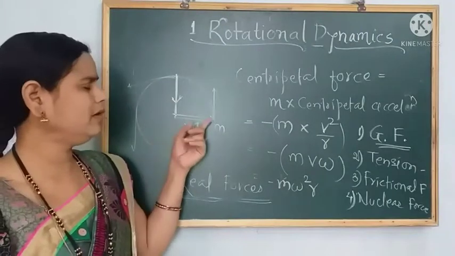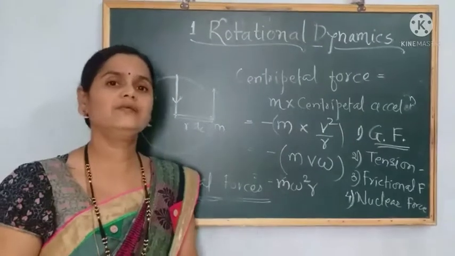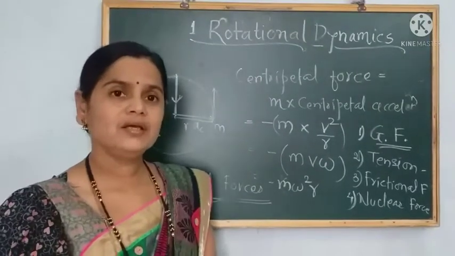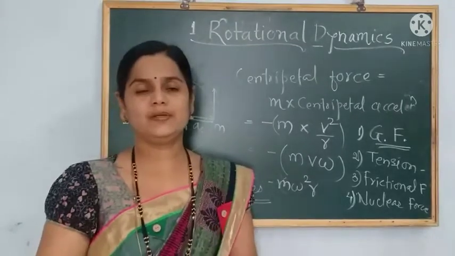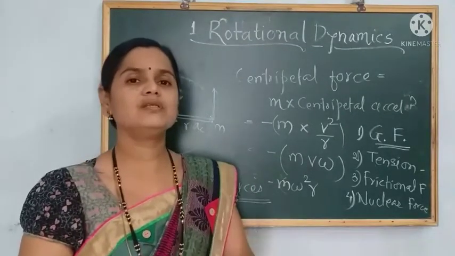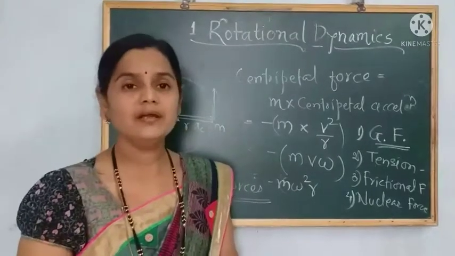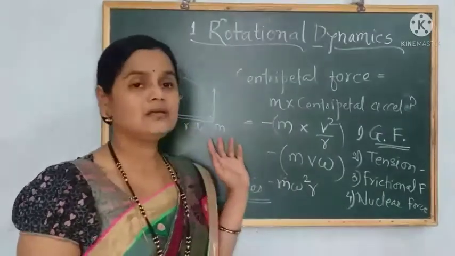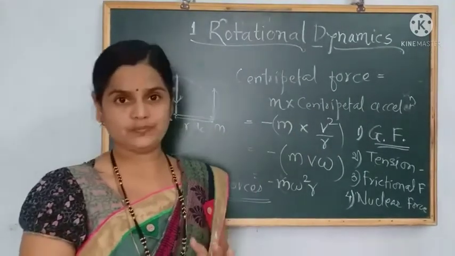Say at any instant of time, what is the work done by this force? We know that work done is the product of force and displacement, that whenever a force is applied to a body and the body is displaced, work is said to be done. Then what is the work done in case of uniform circular motion?